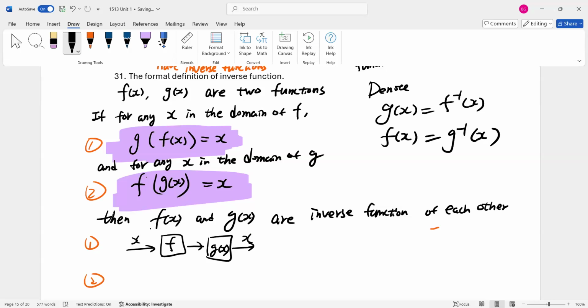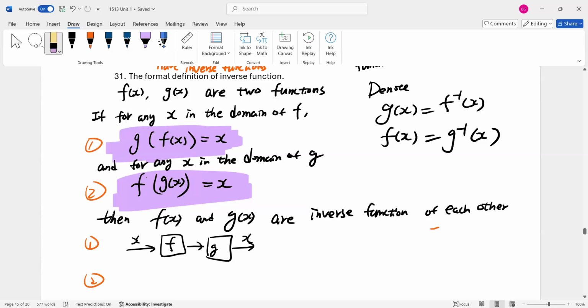You see what I'm talking about? Whatever treatment f has done to the input, g of x canceled that impact, reversed that effect. So let's say x is a cow, goes through machine f, gets a beef, and then machine g actually has the magic to turn the beef back into the cow.